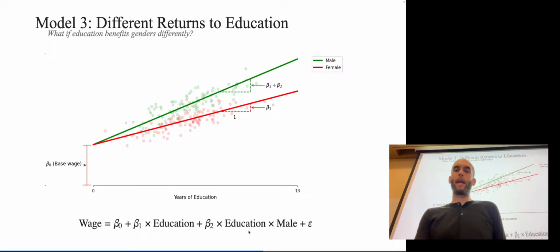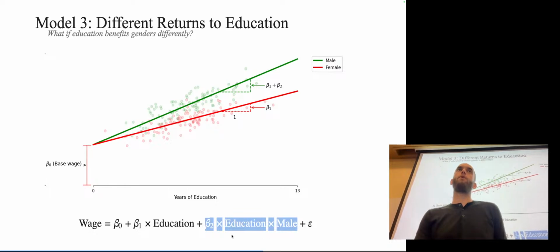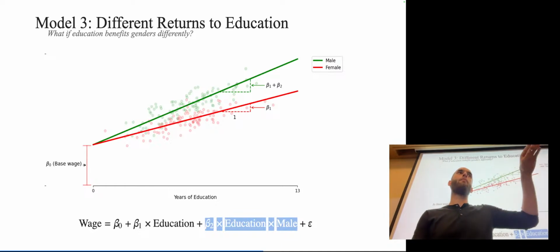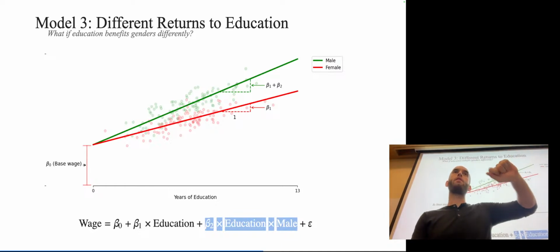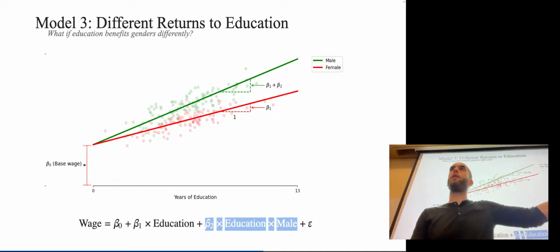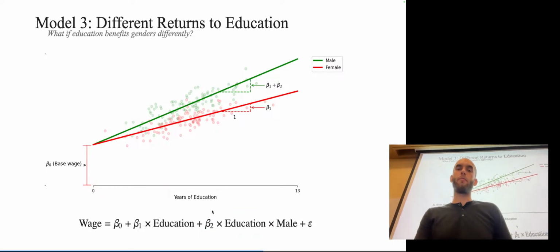We had an interaction effect on a second slope variable. So we have not just our beta 1 controlling the slope for our baseline, but also when male is turned to 1, we get a second slope. So an additional relationship between education and wages.